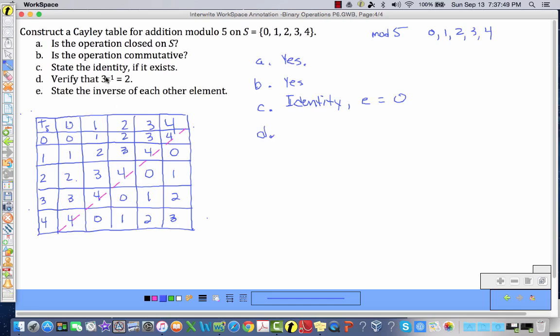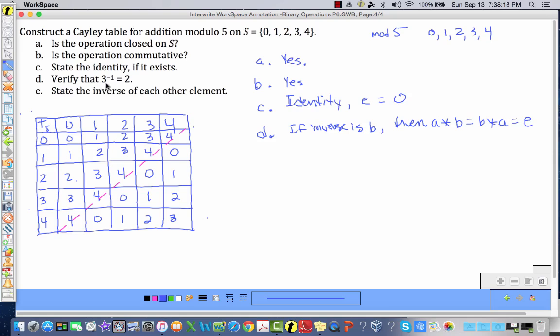D, verify that the inverse is equal to 2. Well, remember, the inverse states that if the inverse is B, then A star B is equal to B star A is equal to the identity element, right?